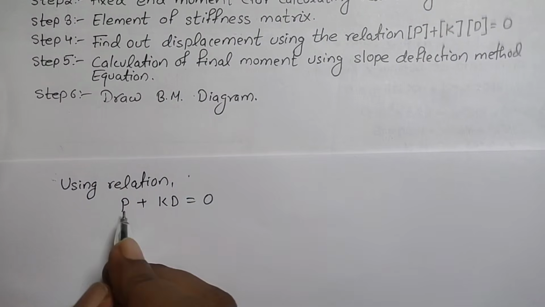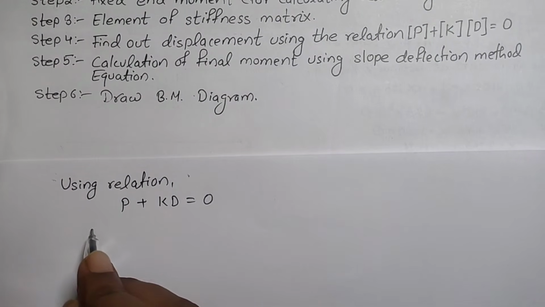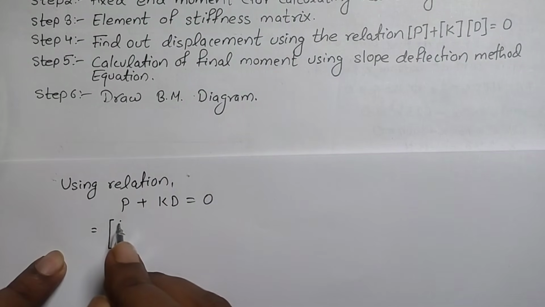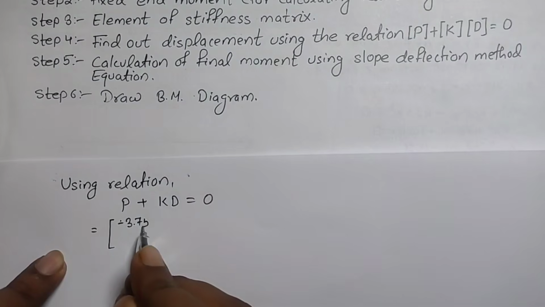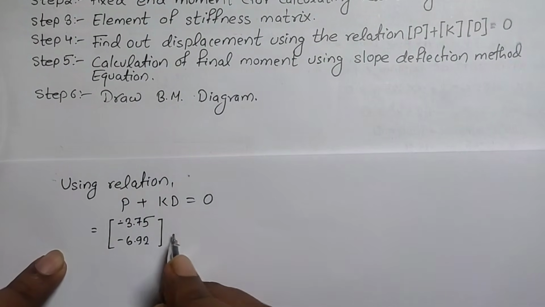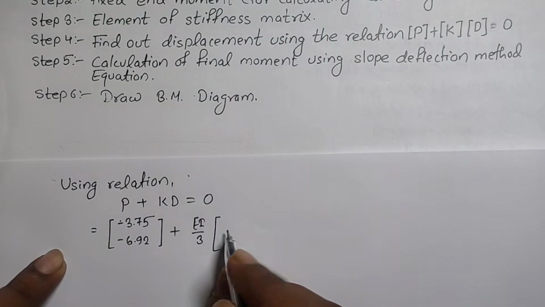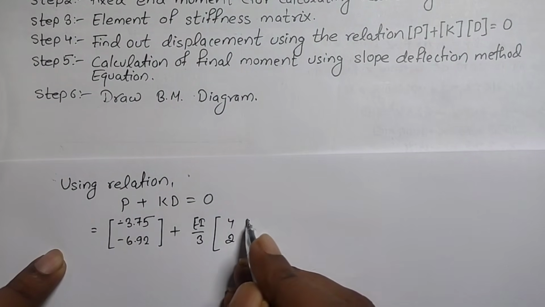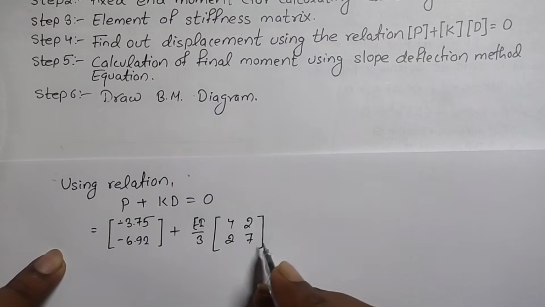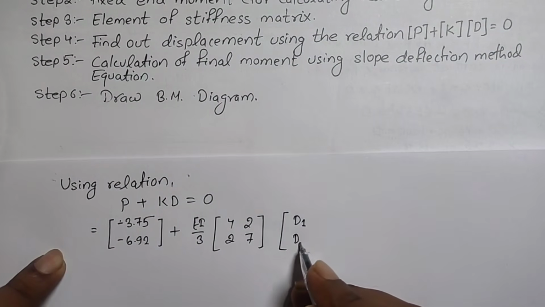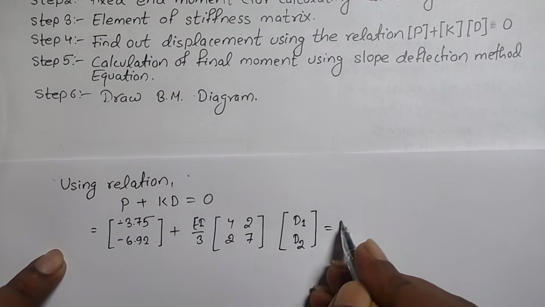Now put down the value of P that we have calculated: P equals minus 3.75, minus 6.92, plus the value of K, that is EI by 3 times 4, 2, 2, 7, times D, and let the deflection be represented as D1 and D2 respectively for points A and B.